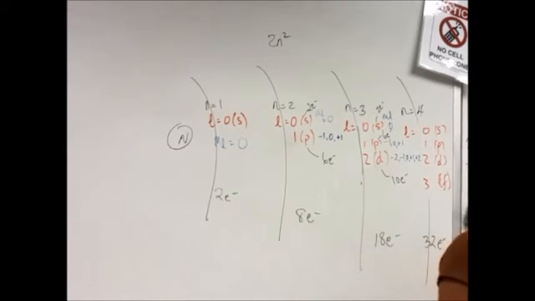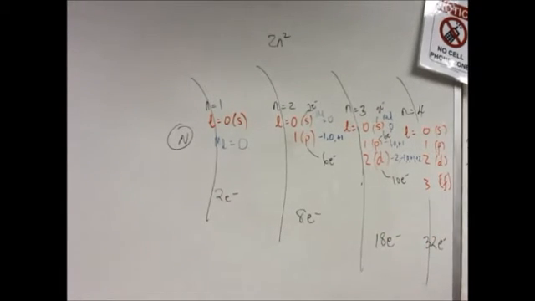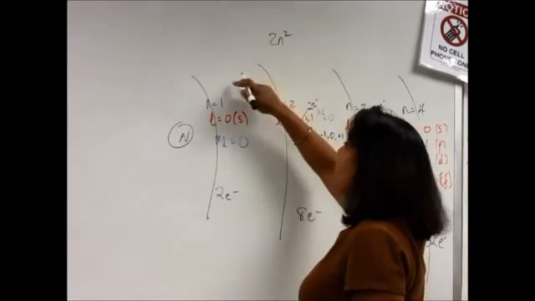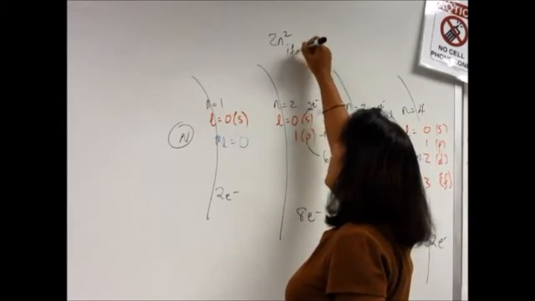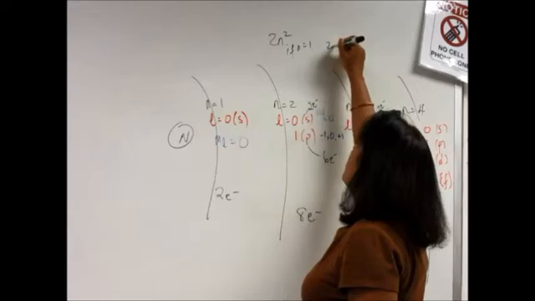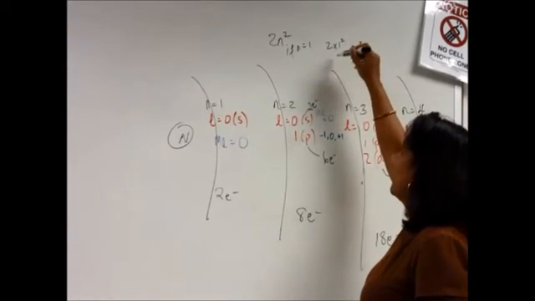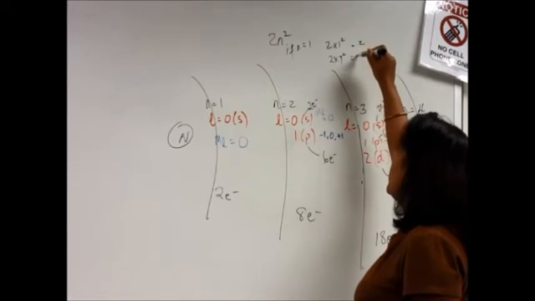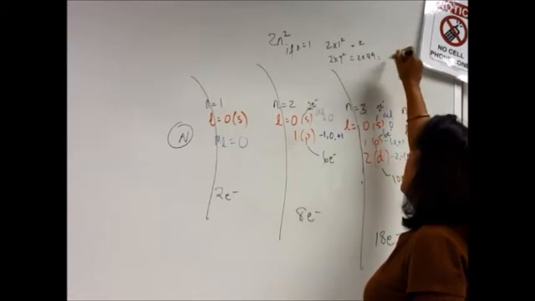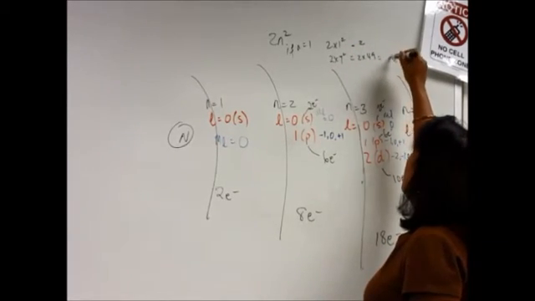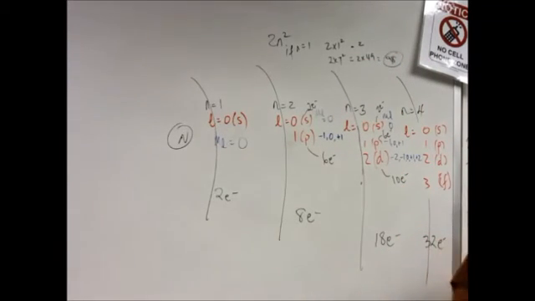That's how you figure out how many electrons any shell can hold. So for the first shell, n equal to 1, it's 2 times 1 squared, that's 2 electrons. For 7, it's 2 times 7 squared, that's 2 times 49, which is 98 electrons. And that's just the 7th shell.